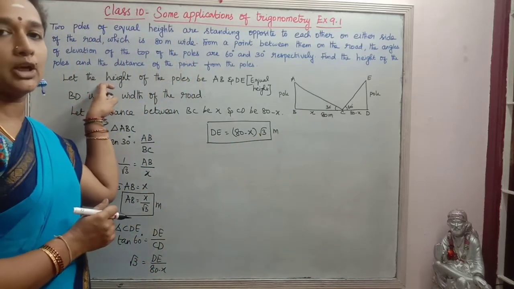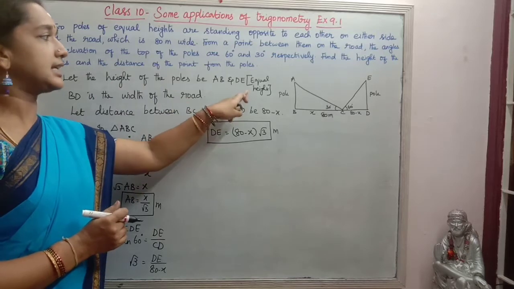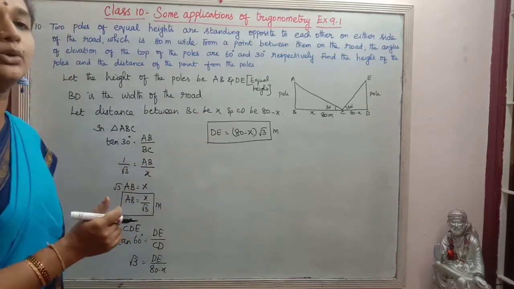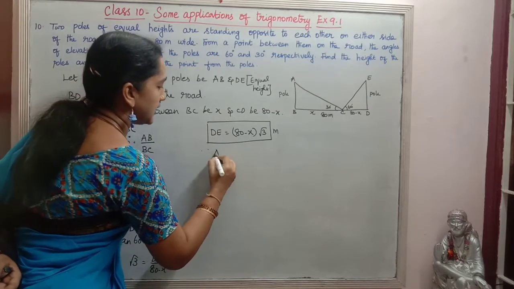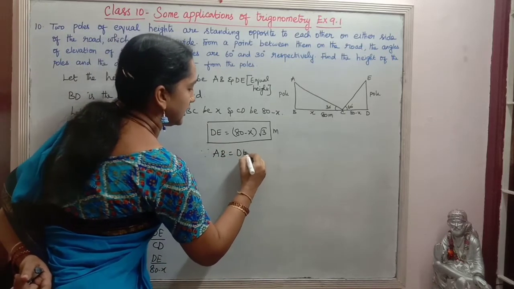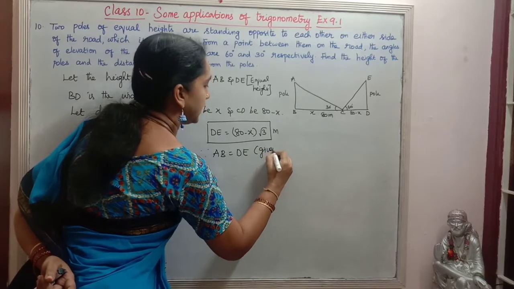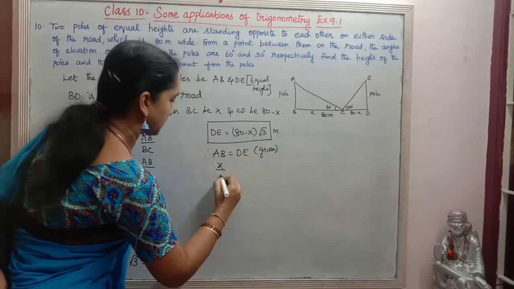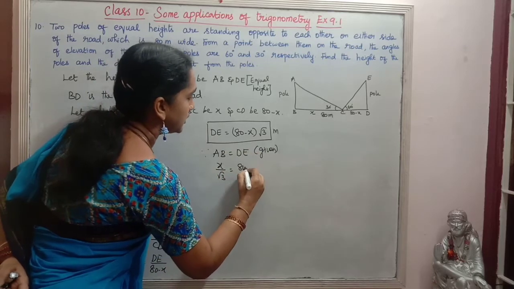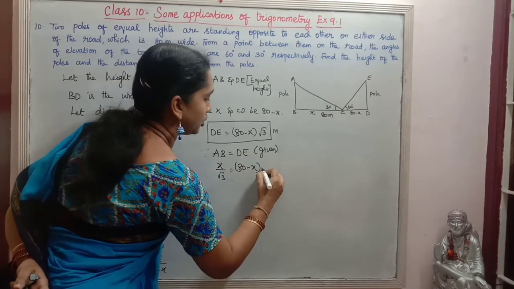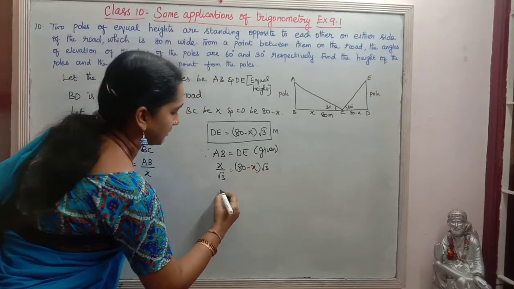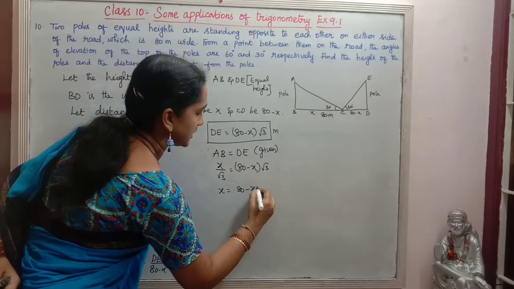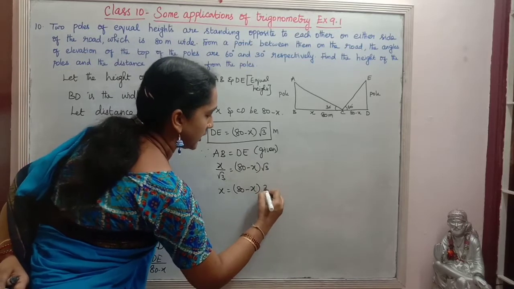Here in the question itself it is given that the poles have equal height. So we will be equating AB is equal to DE. Since AB is equal to DE, we will equate the values that we got for AB and DE. So X by root 3 is equal to (80 minus X) into root 3. Now we will cross multiply this and find the value of X. So X is equal to (80 minus X) into root 3 into root 3, which is 3.